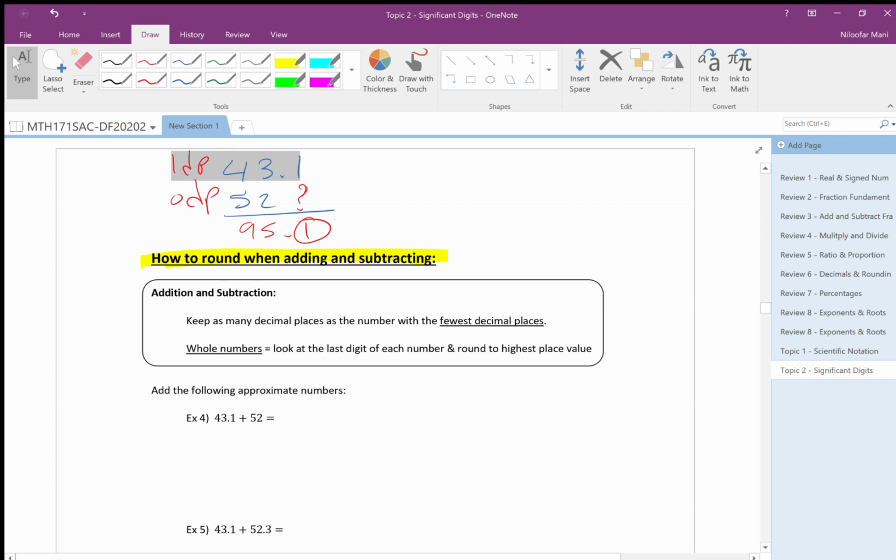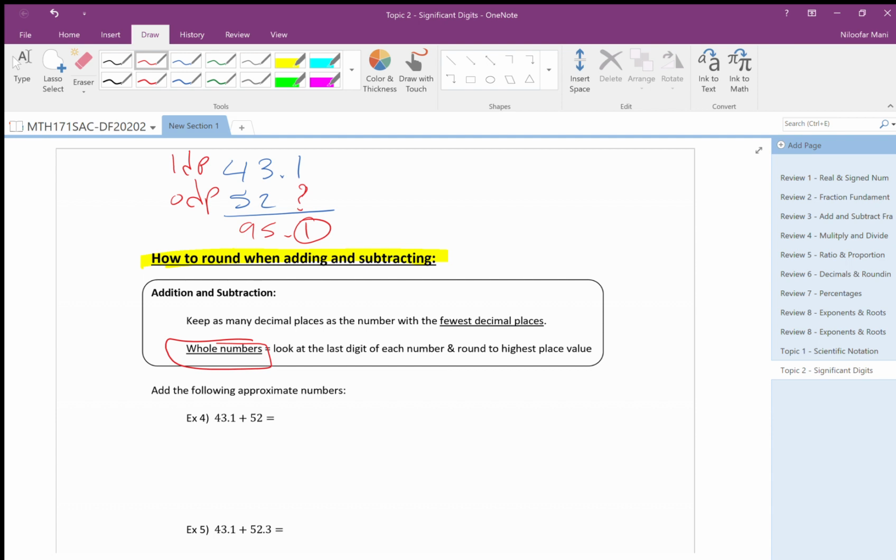So for both of them, I am sure about 0 decimal places. But just for one of them, 1 decimal place. So I round to 0 decimal places. And if there are whole numbers and no decimal, then I have to look at the last digit of each number, and you have to round to the highest place value.